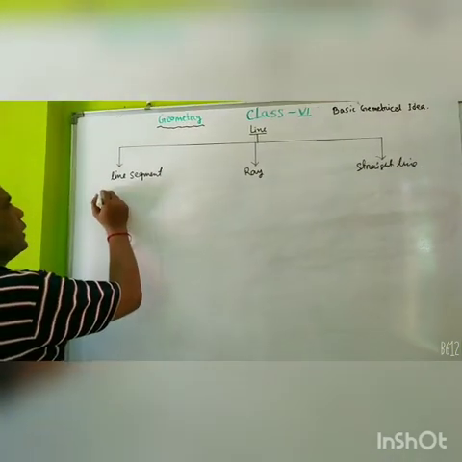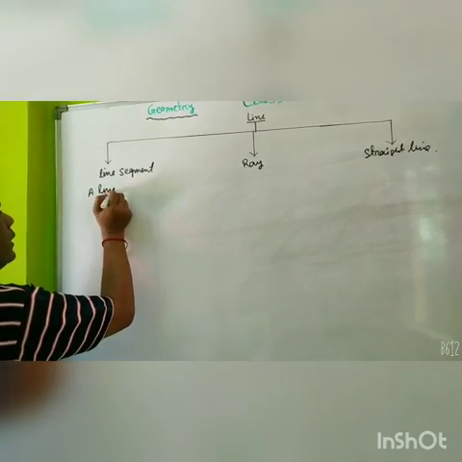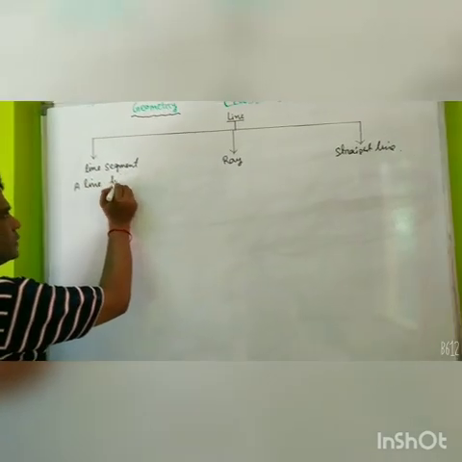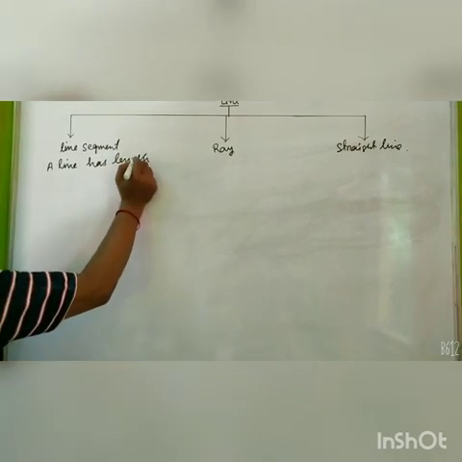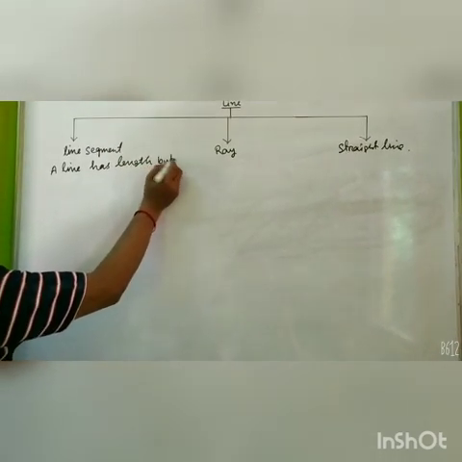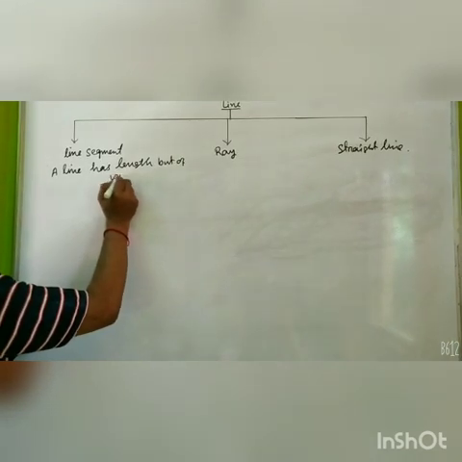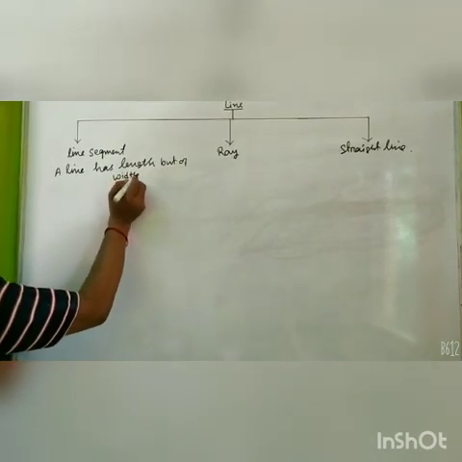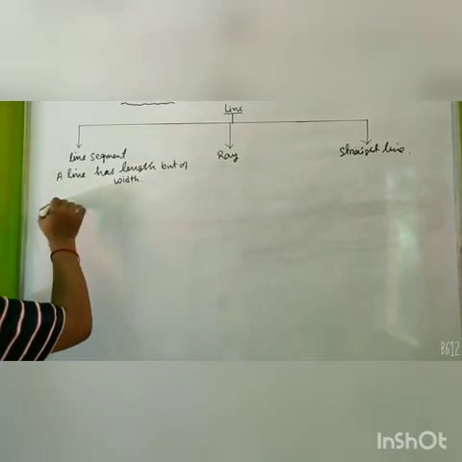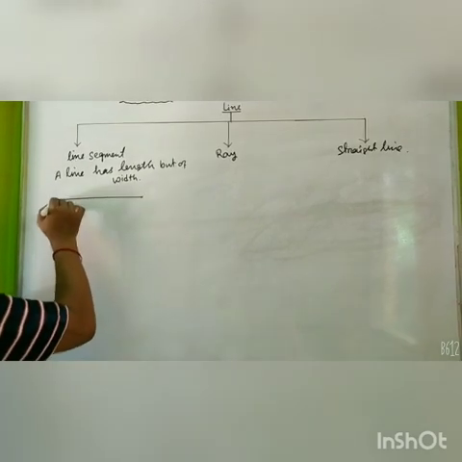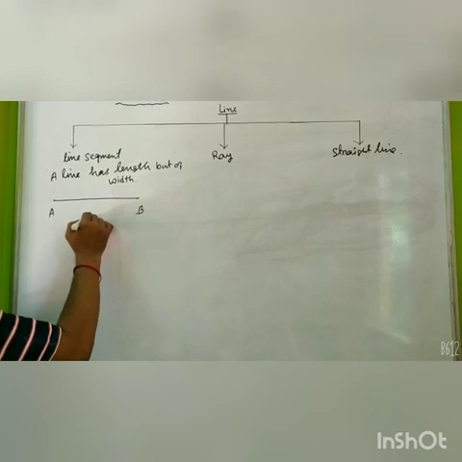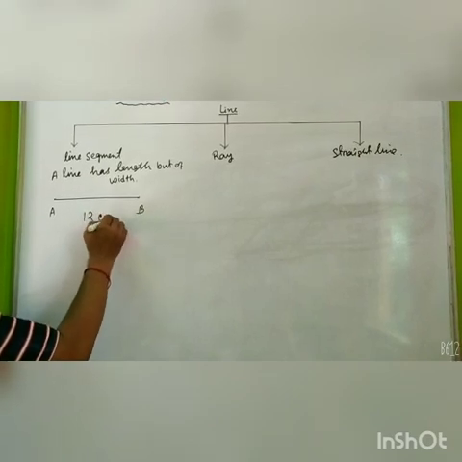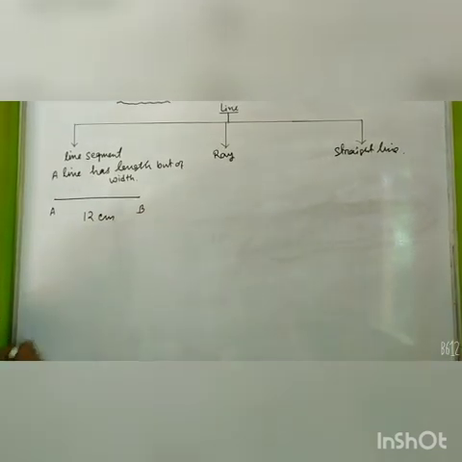What is a line segment? A line segment has length but no width or breadth. Suppose this is AB, 12 centimeter. This is called a line segment.